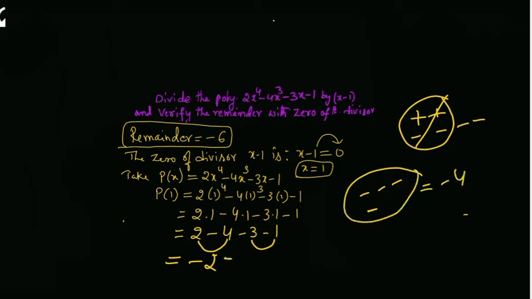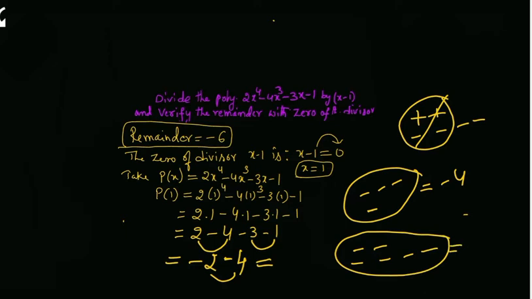So you have to write minus 4 here. After that, minus 2 minus 4 means minus symbols 2 and minus symbols 4, no cancellation here, we will get minus 6. So the final answer becomes minus 6. If you observe, this minus 6 and the remainder minus 6 are both equal.